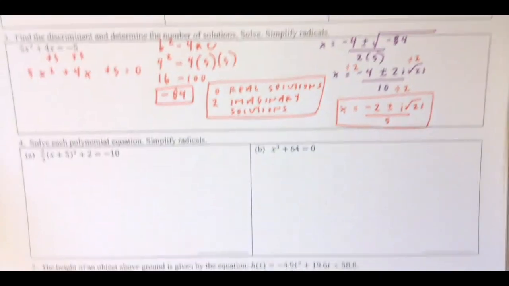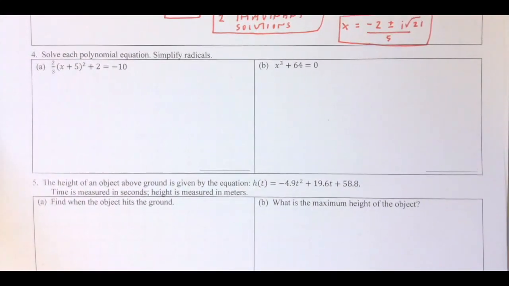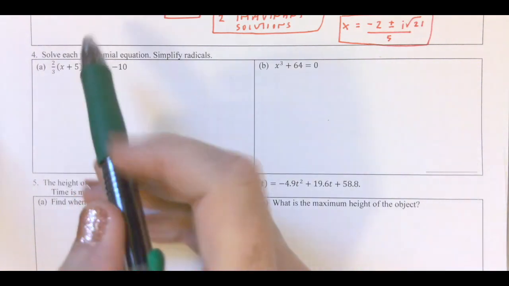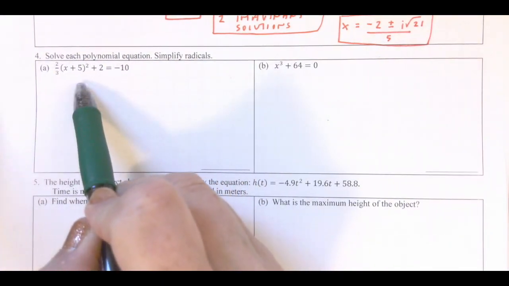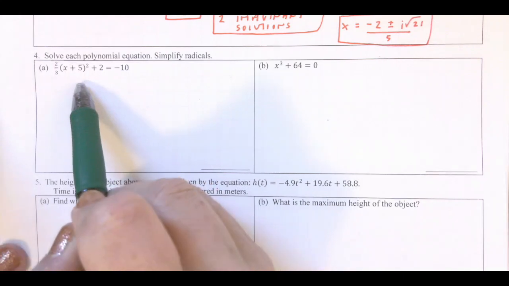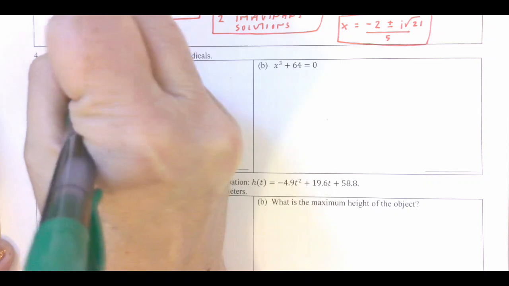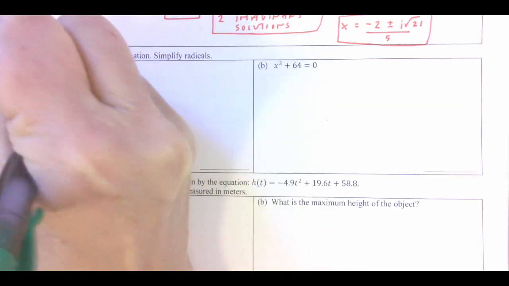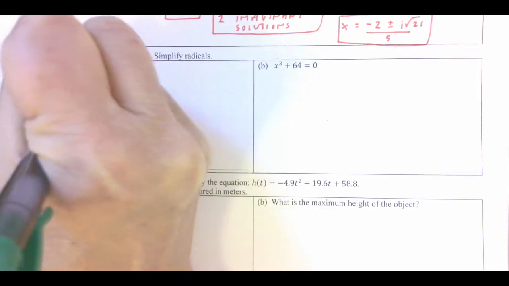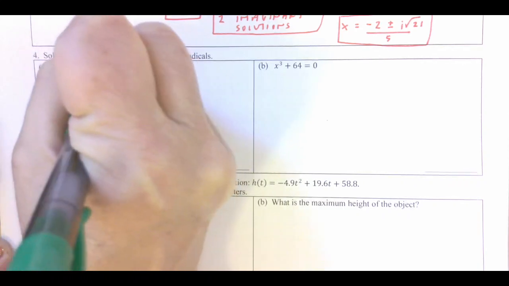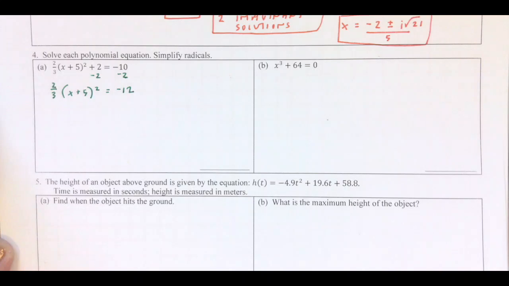Okay, next up, I'm having you solve each polynomial equation. First one is more basic because really this one's just a quadratic. I see an x to the 2nd power. I anticipate having 2 solutions. So I want to get that squared by itself. I'll subtract the 2. All right, so 2/3 of the quantity of x plus 5 squared equals negative 12.